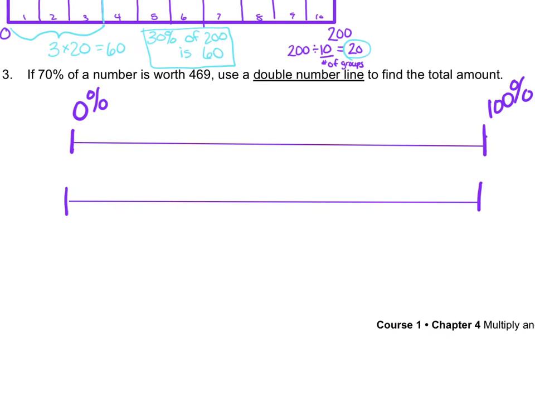It says, if 70% of a number is worth 469, use a double number line to find the total amount. Well, 70% is 469. So I'm going to put 70% on my percent side.